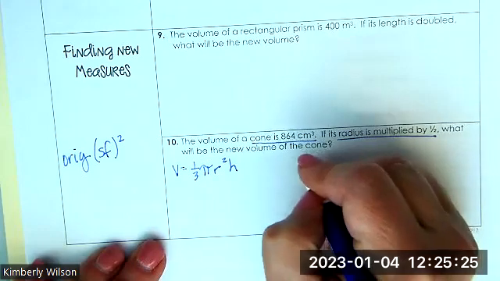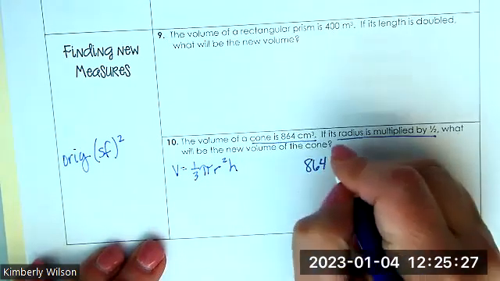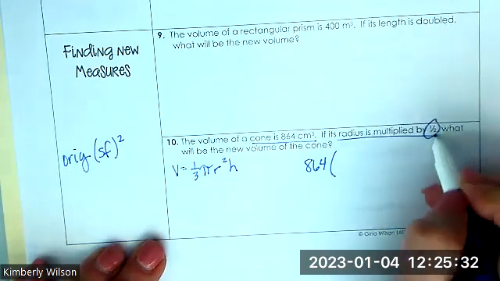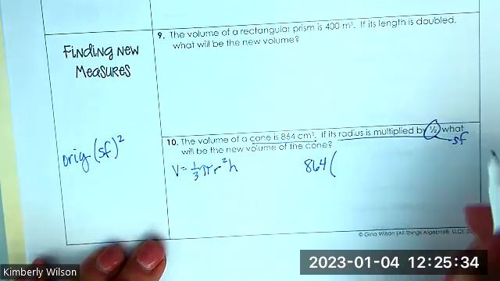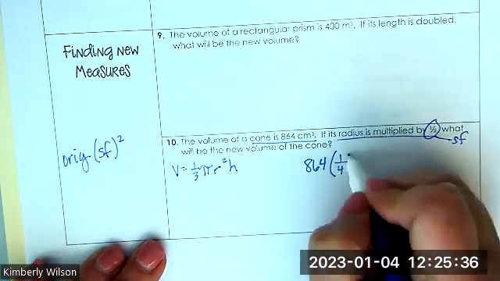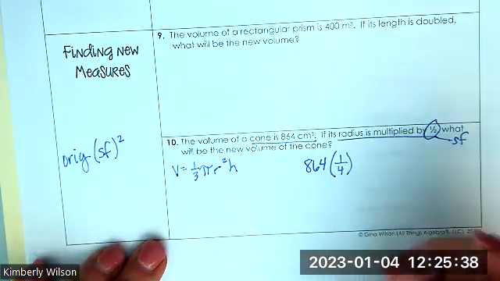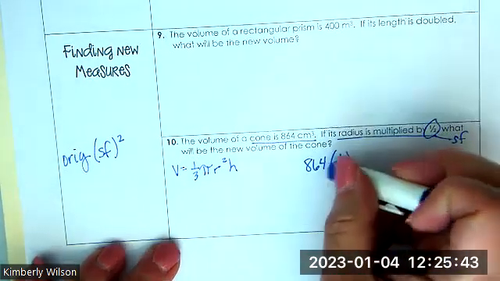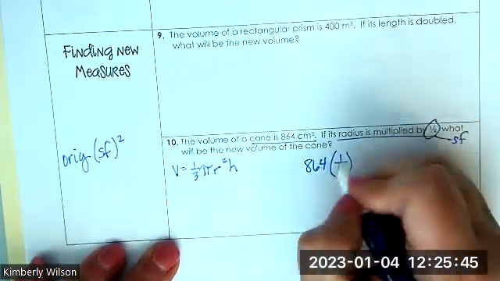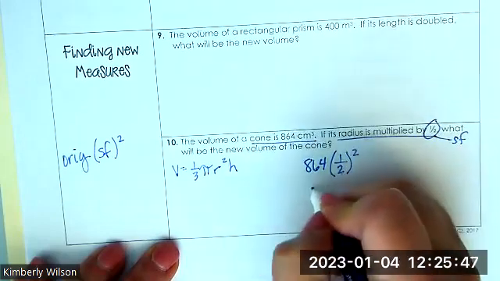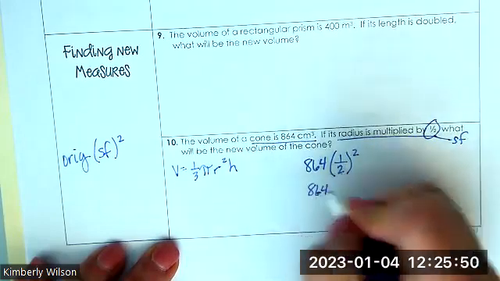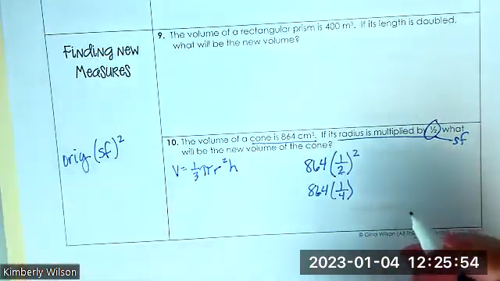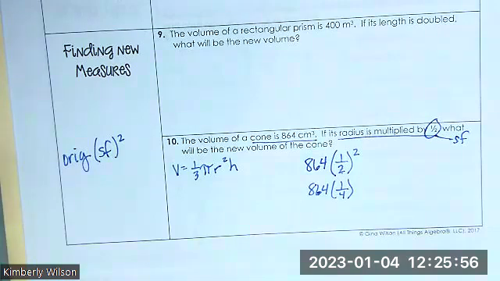So we're going to do 864 times, it's multiplied by 1/2, so this is my scale factor. So it's 1/2 squared, which gives me 864 times 1/4, which is pretty much the same as 864 divided by 4.